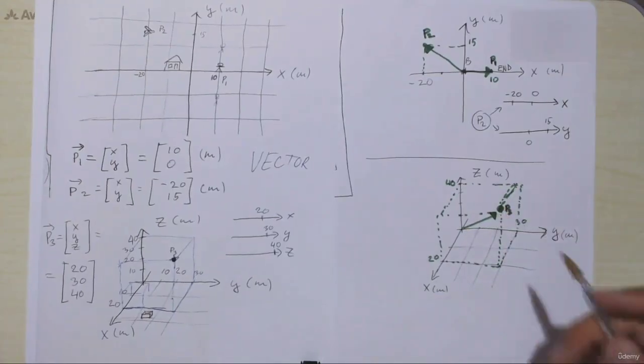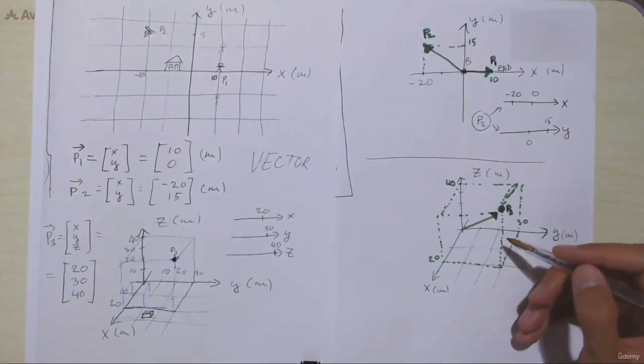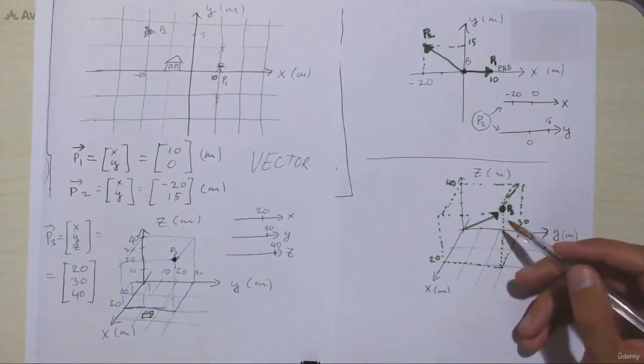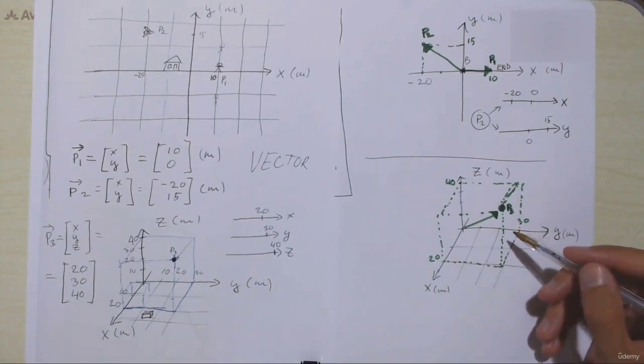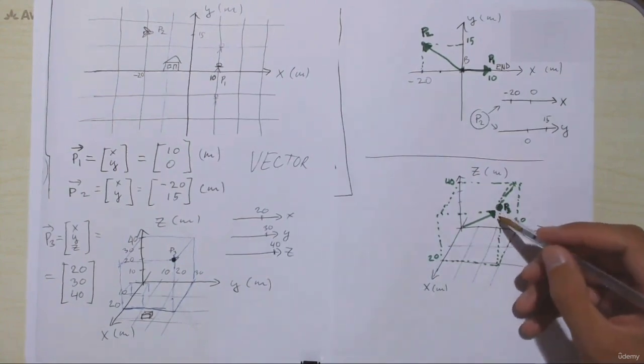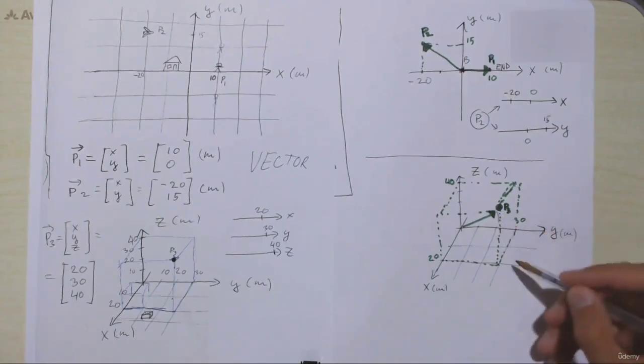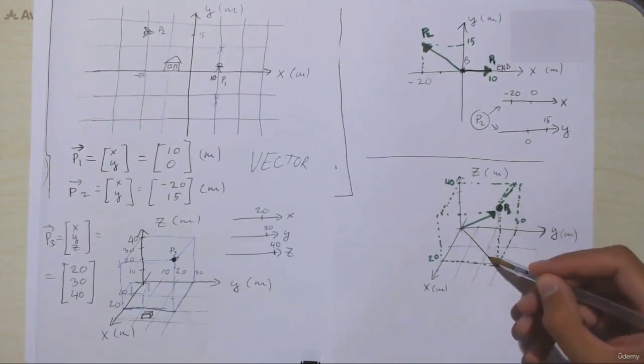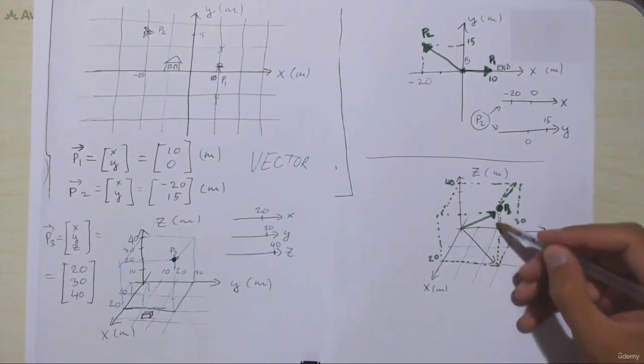Now, you can also project vectors. What does it mean when I say I'm gonna project a vector on an xy plane? Projecting a vector onto something means losing a dimension. So if I project this vector here on an xy plane, then what I will have is this vector here.